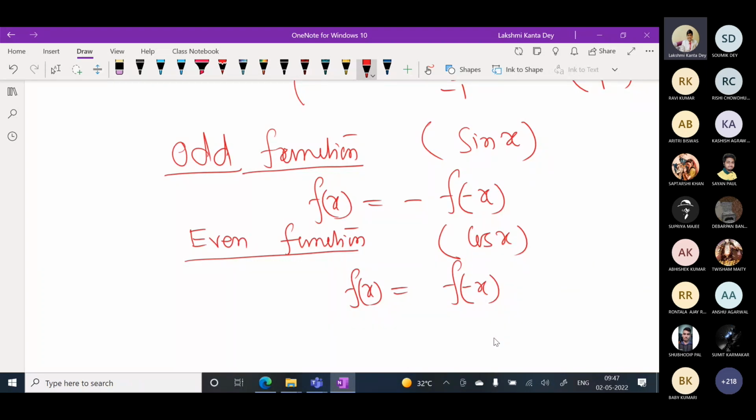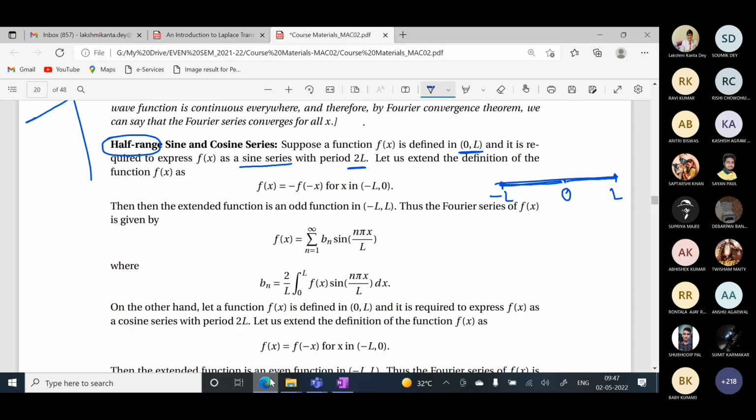So if I like to have the Fourier sine series, that means we have to extend the function oddly. And if we have to get the cosine series, then we have to extend the function evenly, right?